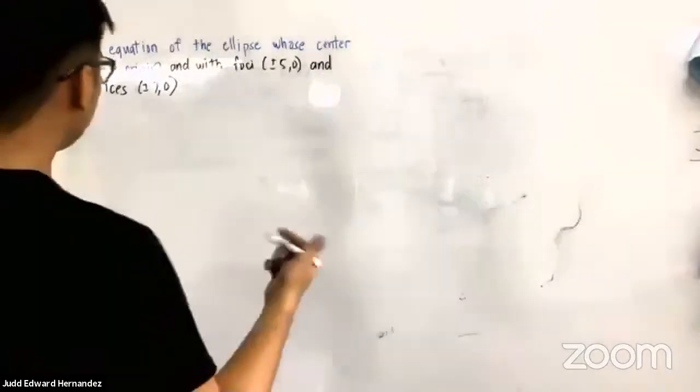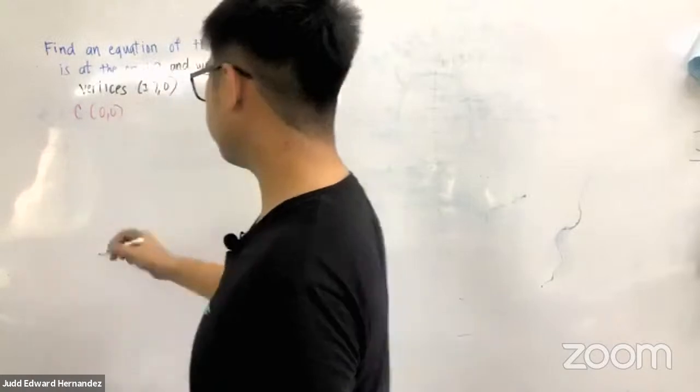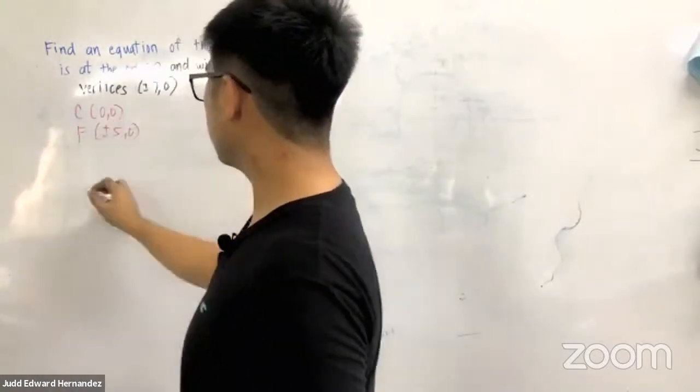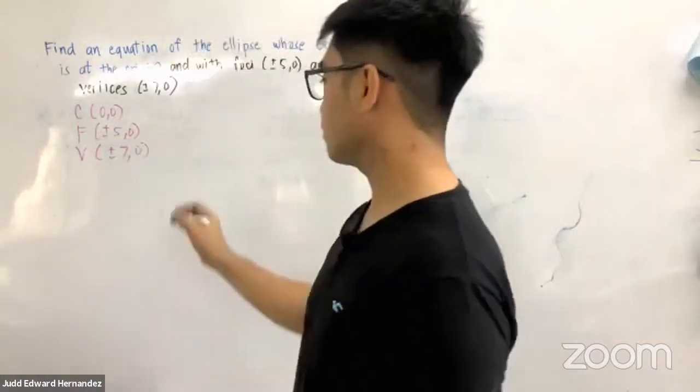Okay. So binigyan tayo ng tatlo. Sabi yung center daw nasa origin. Yung foci daw na kay plus minus 5, 0. At yung vertices daw ay na kay plus minus 7, 0.